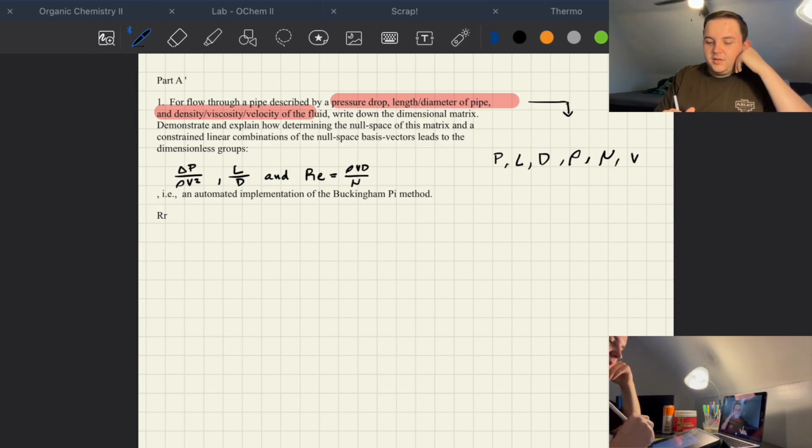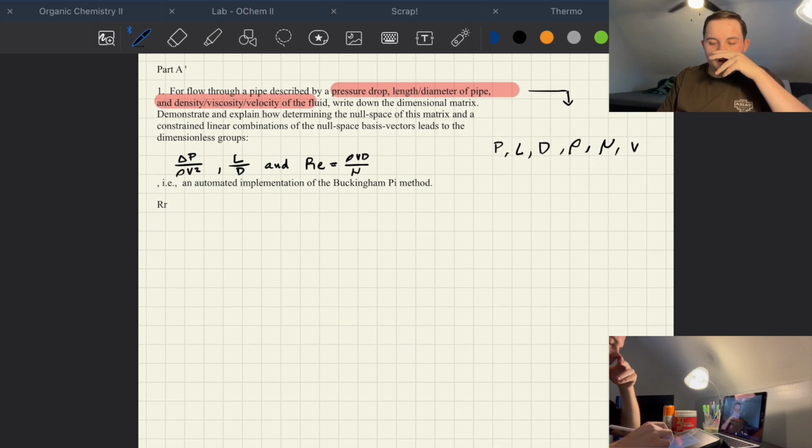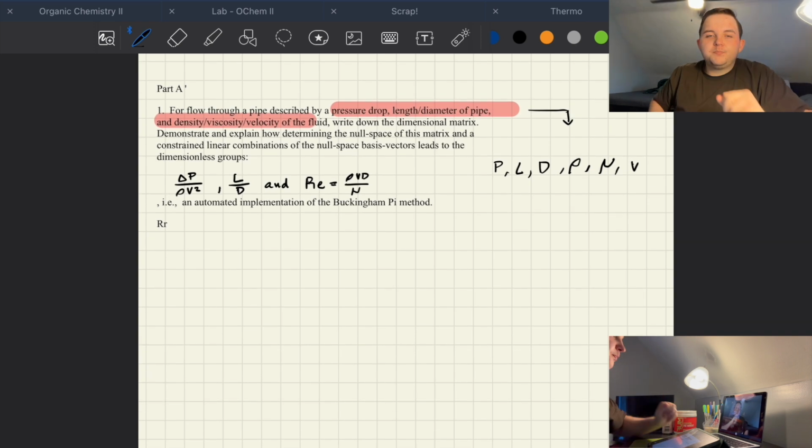Demonstrate and explain how determining the null space of this matrix and constraining linear combinations of the null space basis vectors leads to dimensionless groups here, i.e. an automated implementation of the Buckingham Pi method. So how we're going to go at this problem is first setting up our Buckingham Pi method for solving dimensionless numbers.